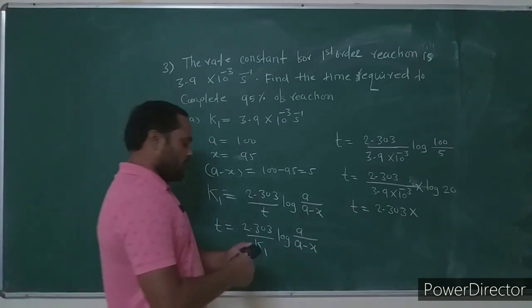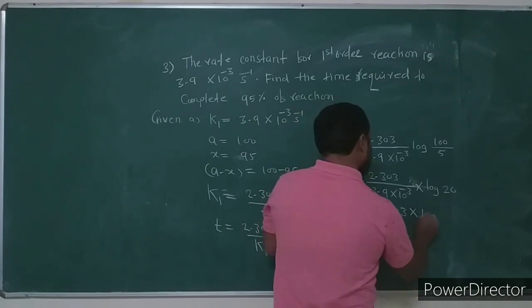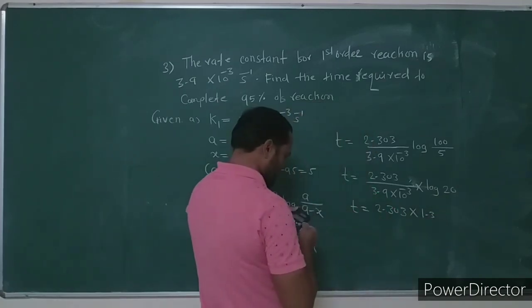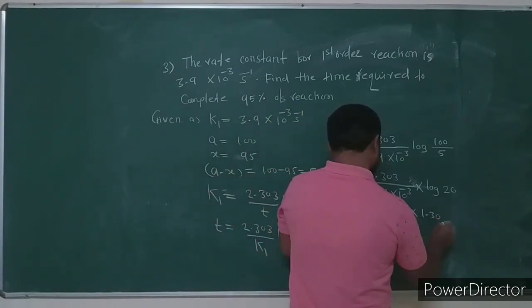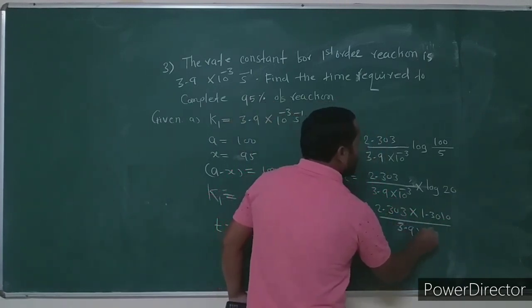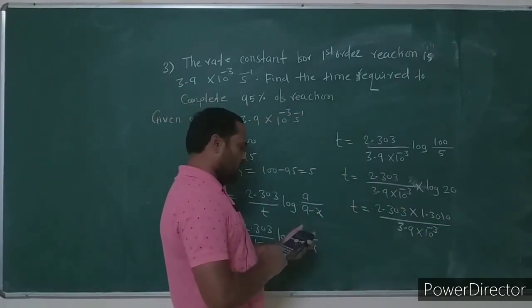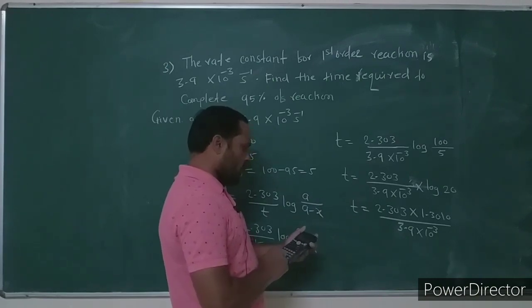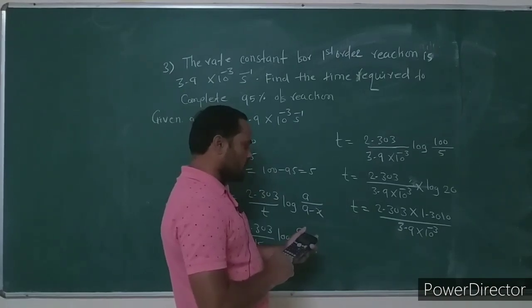Log 20 is 1.3010. So T is equal to 2.303 into 1.3010 divided by 3.9 into 10 raised to minus 3. We can solve this.